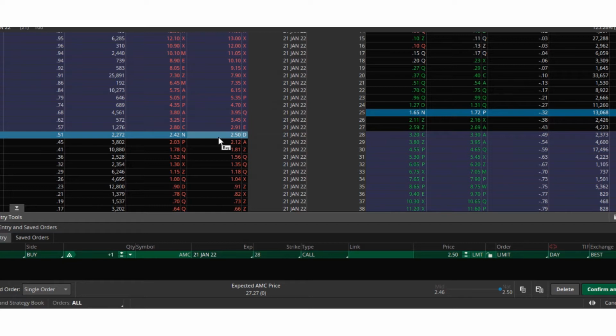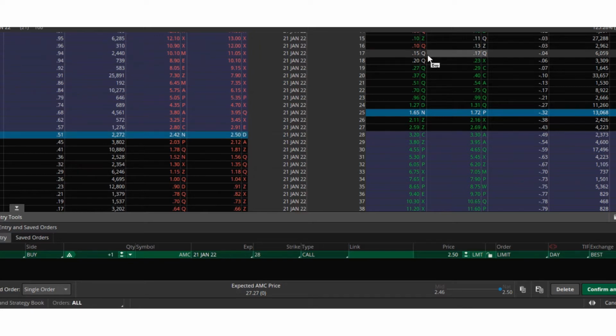So the premium price to pay to enter that trade would be $2.50. Each contract to enter an option trade is made up of 100 shares. So you would multiply $2.50 by 100, and that would give you $250 to enter this trade.